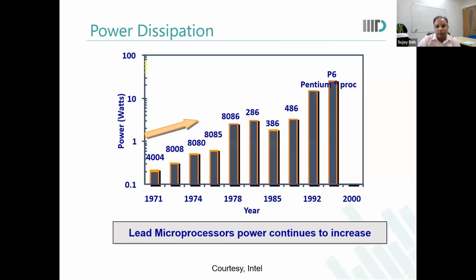Looking at the early Pentium series, power dissipation was around 10 watts or in that range, and it would have gone very quickly to hundreds of watts. This was constantly going upward.